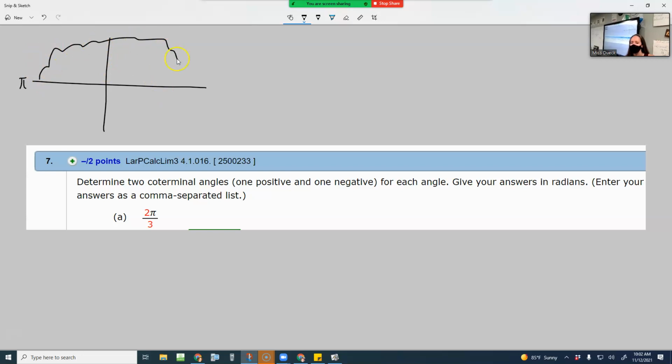Remember, pi is a calzone? Pretend it's a calzone. I have a half, or a third, or a fourth, or a sixth. Remember, we start from over here. So that'd be like a sixth, or a fourth, or a third, or a half of a calzone. But 2/3, isn't that past a half? Wouldn't that be over here?